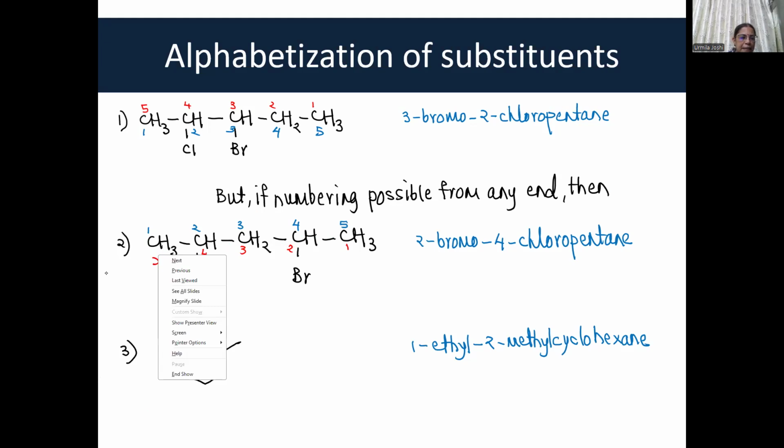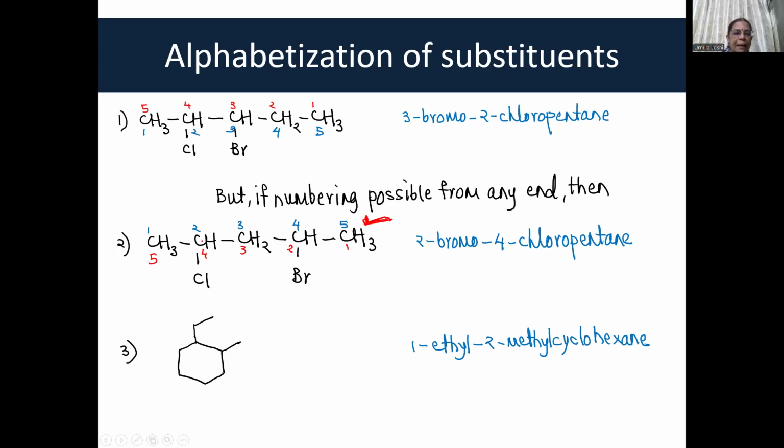In such cases, what you do is start numbering this way so that the alphabetically first substituent gets the lowest possible number. So it is 2-bromo. The red colored numbering should be followed. So 2-bromo, 4-chloropentane.